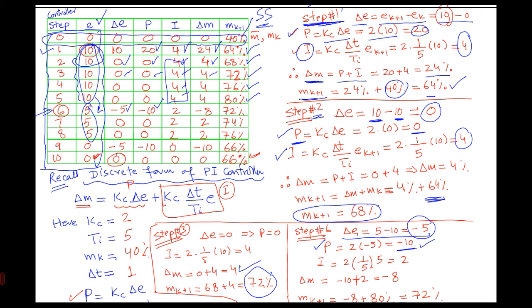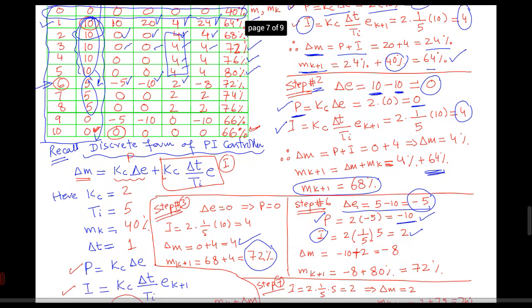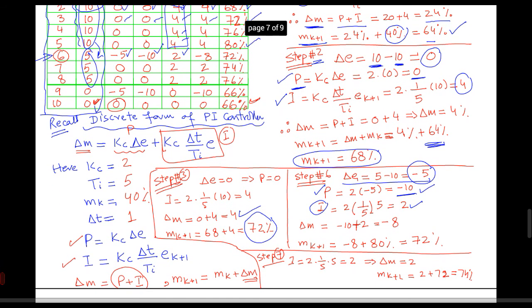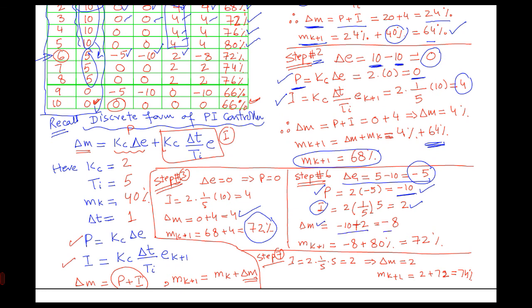The error was 5, and the integral is around 2, which is calculated. Delta M is going to be P plus I, so it is -8 now, and the next value is around 80 minus 8, which is 72%.